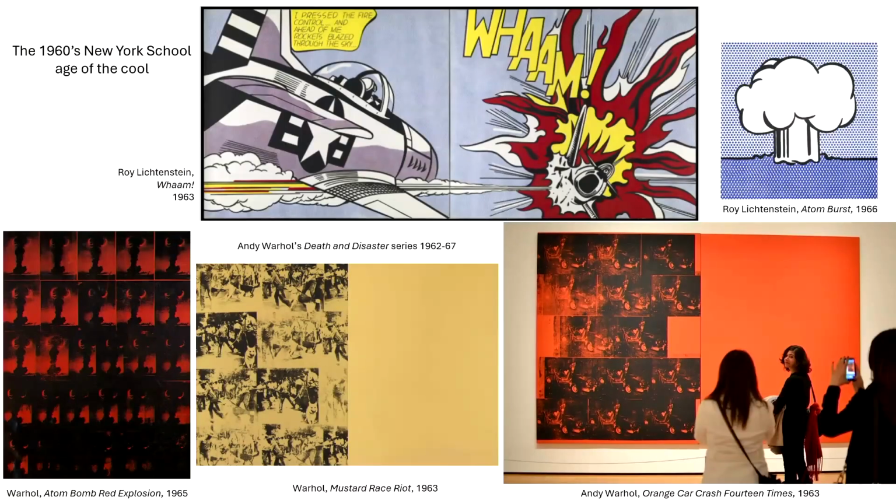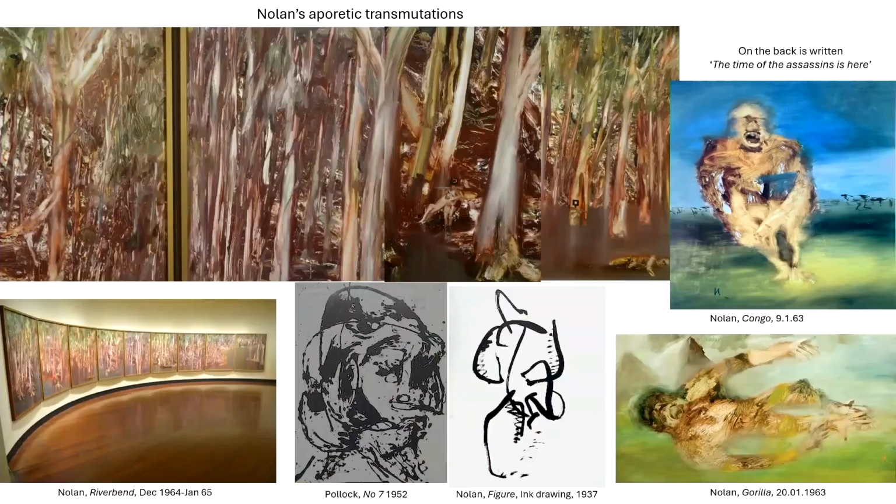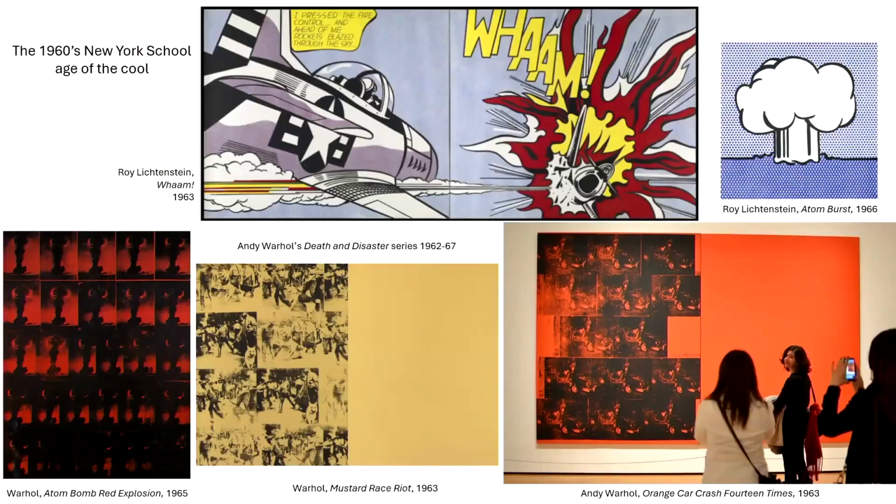And I wanted to show those Nolans because this is what Australian art is, but this is what New York art is happening. And you can see that, let's just call it the Antipodean aesthetic, is a very hot aesthetic. And this is a very cool aesthetic, even though it's Atom Bombs by Warhol, Disaster series, a lot of violence in here.